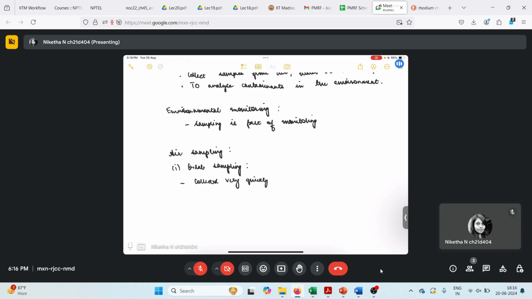Grab sampling is not meticulously done. Suppose you have a river, you just go there, take a container, collect the sample and come back. It's not like we have to do it every 3 or 4 hours. We can just collect the sample and analyze it. This is useful when the parameter that we are analyzing will quickly change with time.